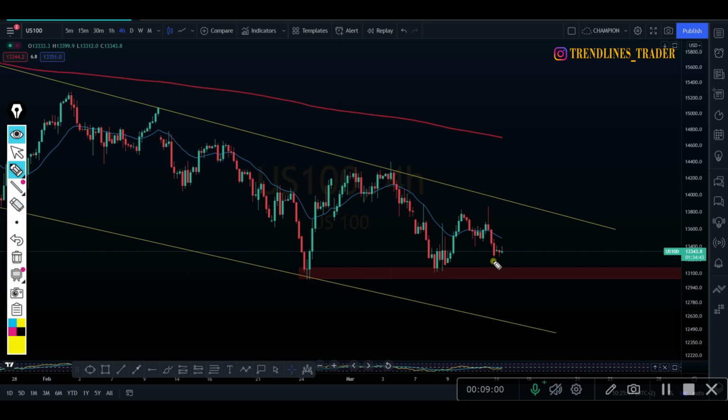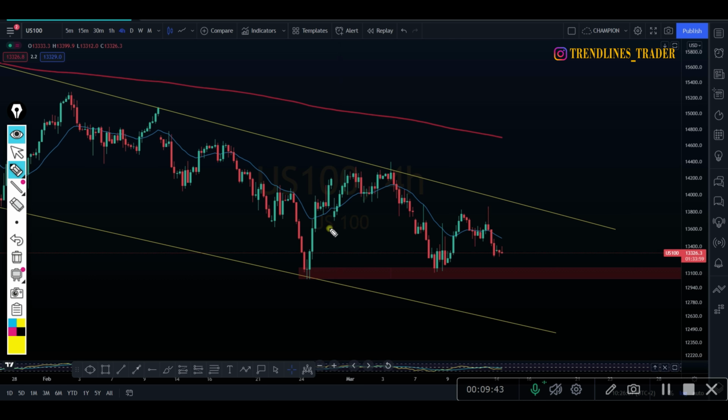So what we can do for ourselves, we just have to wait for the price to reach this area for us to be able to put our buy positions before it pushes towards the upside, or we just have to wait and see if it breaks out of this area and pushes towards the downside. But one thing that I can tell you is, you can see that our sellers were very much in control a few days ago, as we had this type of bearish rejection candle.